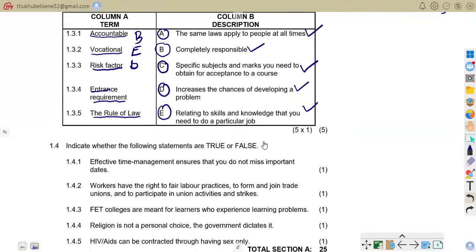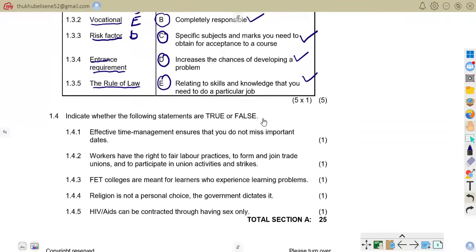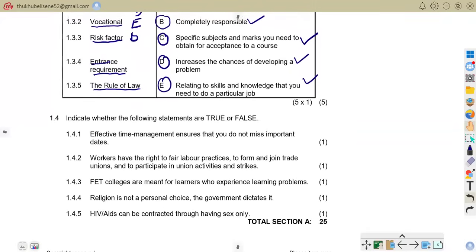So let us move on to 1.4. So 1.4, you're going to do what? True or false questions. As it says, indicate whether the following statements are true or false. 1.4.1, effective time management ensures that you do not miss an important detail.